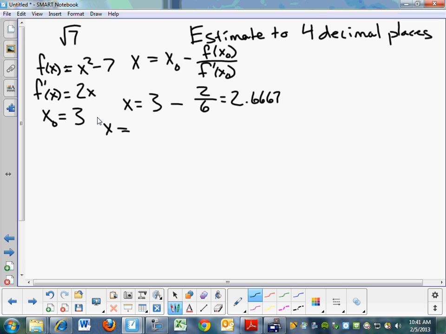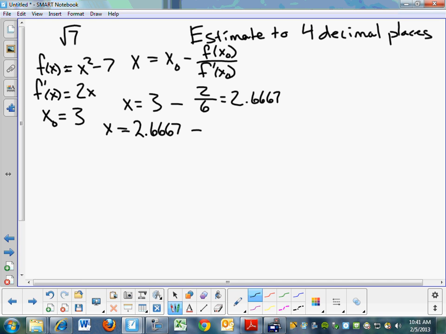X equals, what's my new guess? 2.6667. And trust me, you guys, as you're narrowing in on this, you got to use all 4 decimal places.